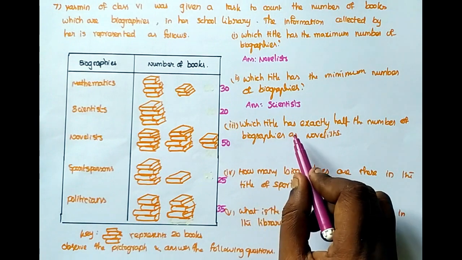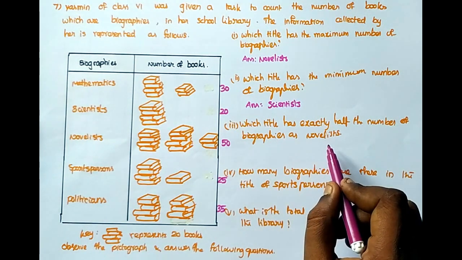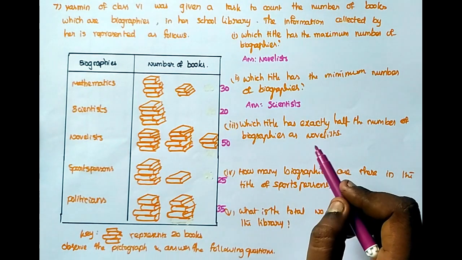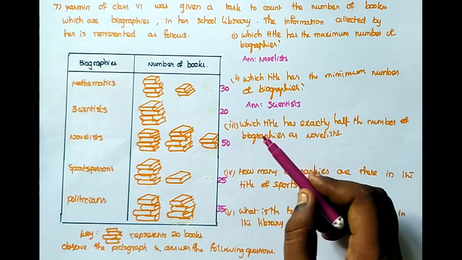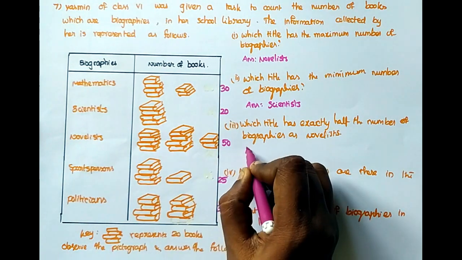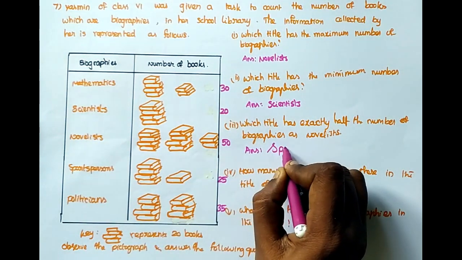Third one, which title has exactly half the number of biographies as novelist? How many novelists? 50. Half of that is 25. Which one is this? Sports person. That is the 25.